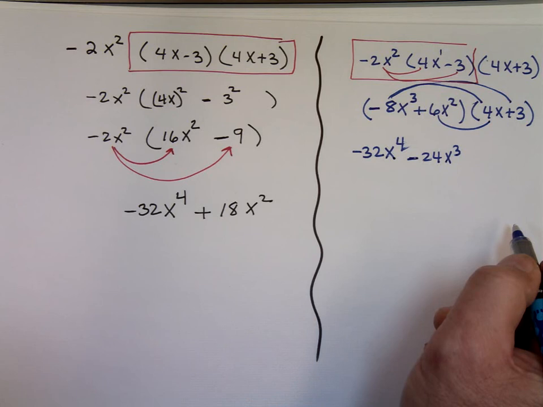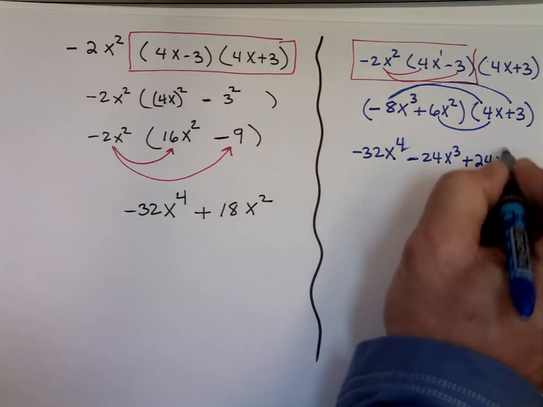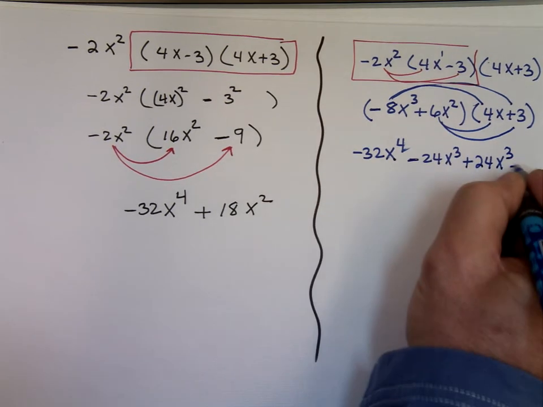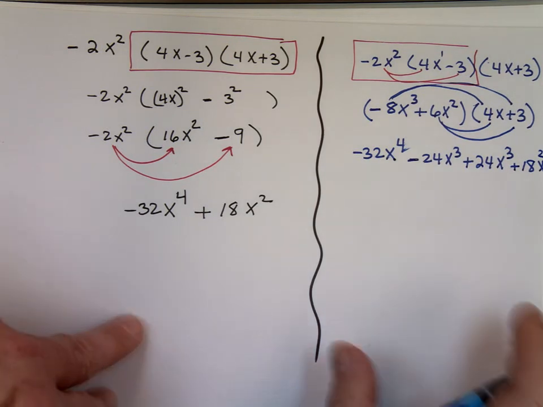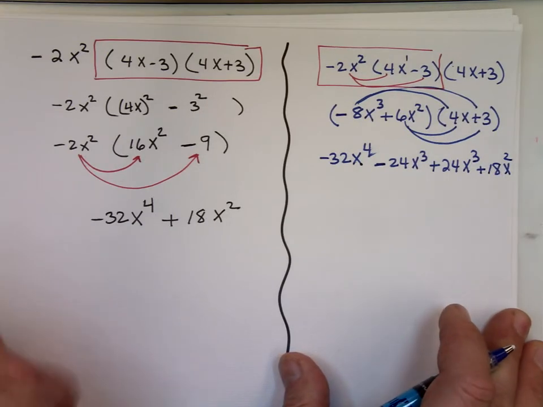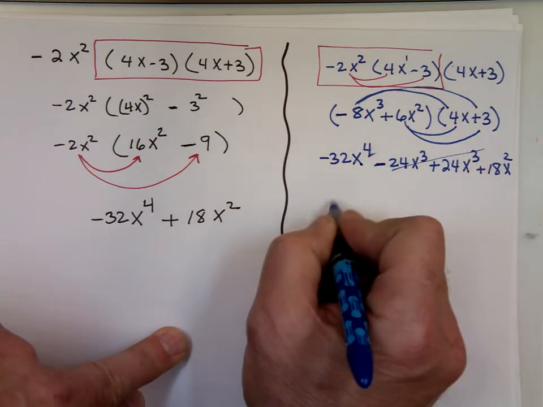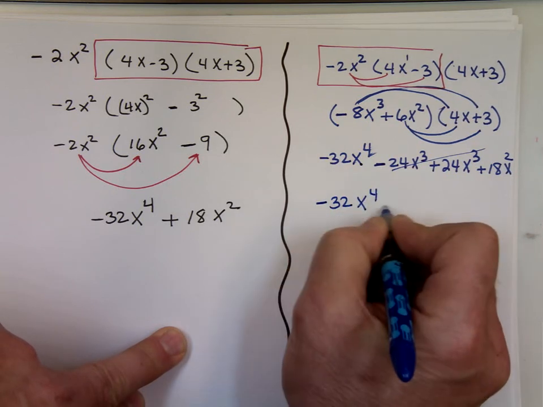Plus 24x to the third. 18x squared. Can you see it? Now what happens to these two? Cancels each other out. So what's left? 32x to the fourth plus 18x squared.